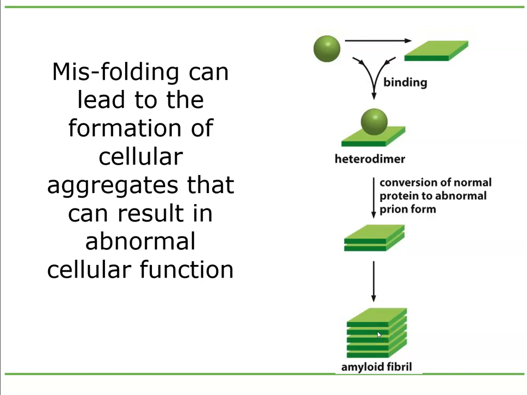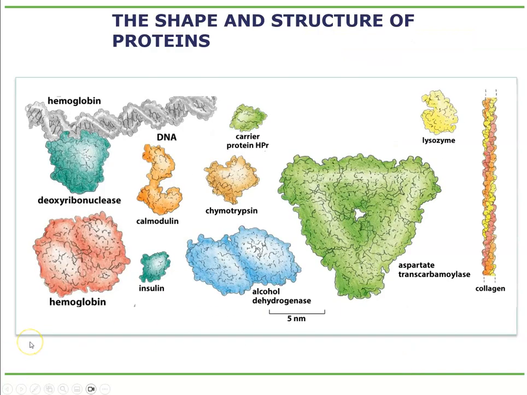So this is an example. Amyloid fibrils can cause Alzheimer's, and different types of prion diseases can cause neurodegeneration and brain issues.